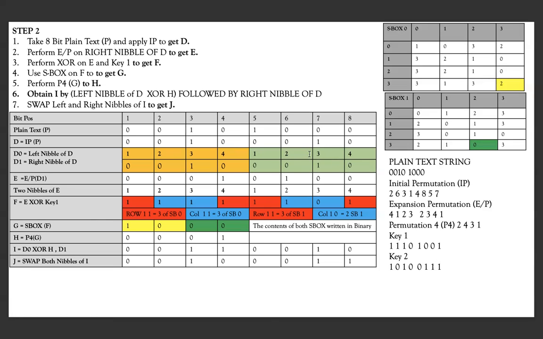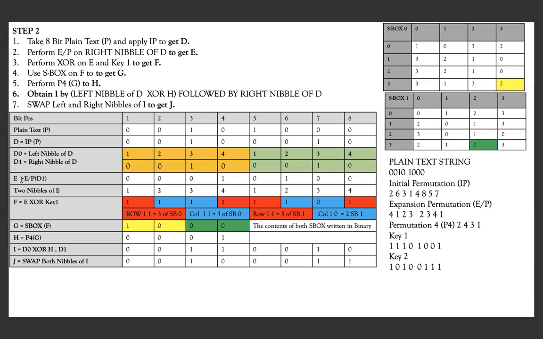So the green part mentioned here, that's the right nibble. The yellow part, or the orange part, is the left nibble, okay? 0, 0, 1, 0, 0, 0, 1, 0, 0, 0, 1, 0, 0, 0, 1, 0, okay? Coincidentally, they're the same. Anyway, so now the next step is that we will calculate the sequence E.